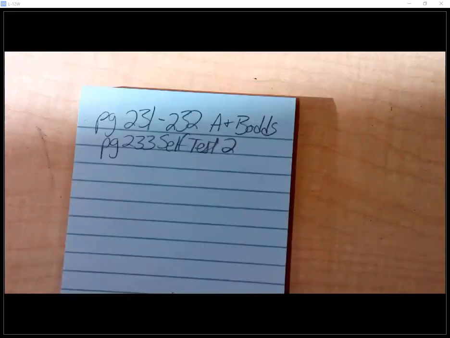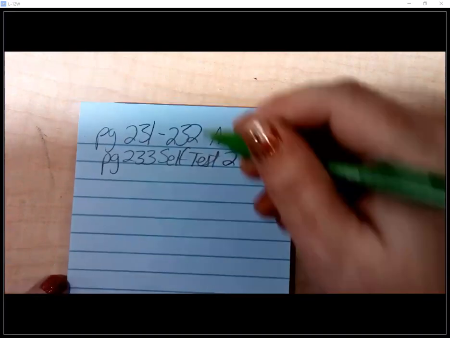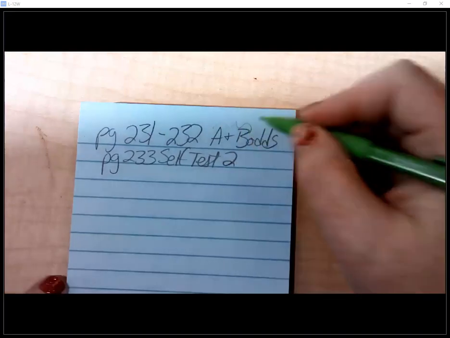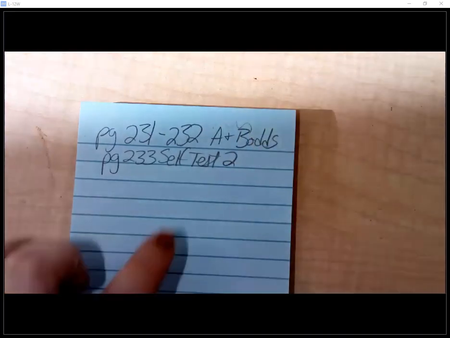So those sections again, that says A and B. So you're going to do section A and B, just the odds in both of them. And then on page 233, self-test 2 is pretty short. It's only 9 questions. So that'll help us in preparing for reviewing on Monday for your chapter quiz.